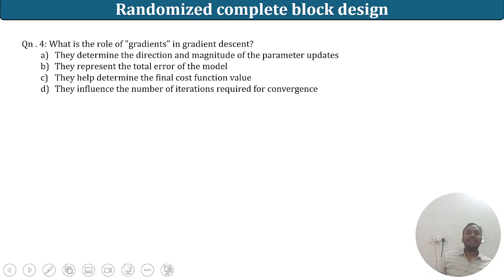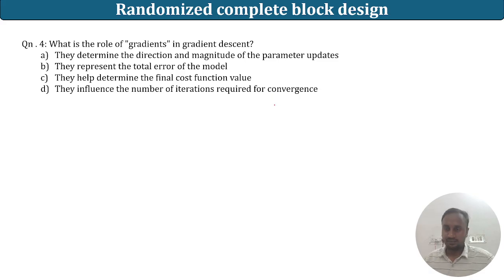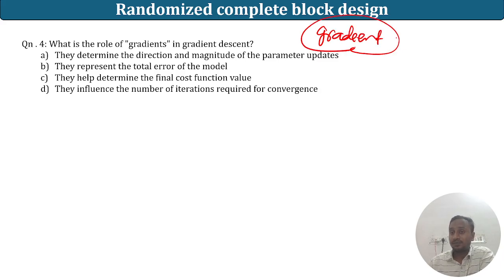What is the role of gradient in gradient descent? Just tell me what is the role of gradient in gradient descent? Gradient means we are going to take the differentiation.